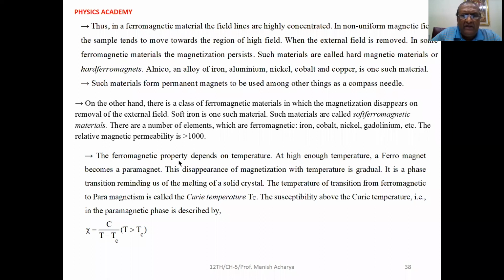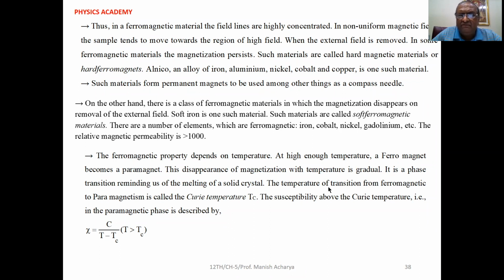The ferromagnetic property depends on temperature. At high enough temperature, a ferromagnet becomes a paramagnet. This disappearance of magnetization with temperature is gradual. It is a phase transition, reminding us of the melting of a solid crystal.